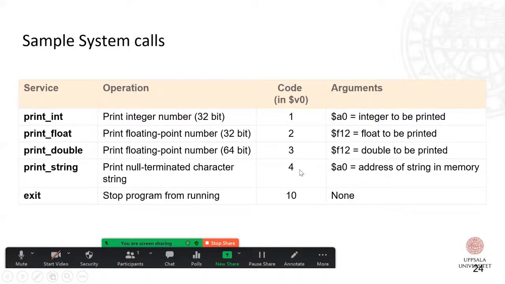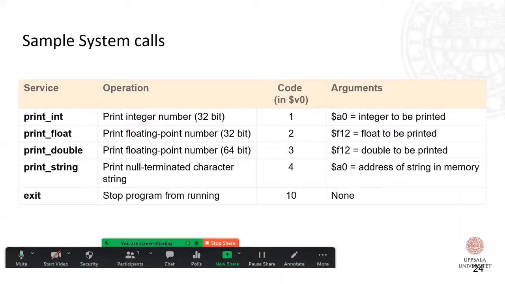For example, if you want to print a string, which happens very much in programs, you need to load the value 4 in V0 so that the operating system knows which system call you are using. And then the string that has to be printed out needs to be stored in the A0 register. Remember, the A0 to A3 registers were used for passing arguments to functions.